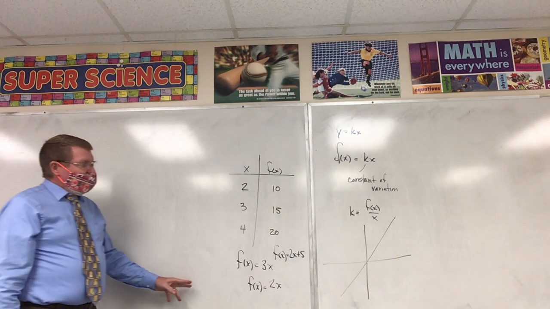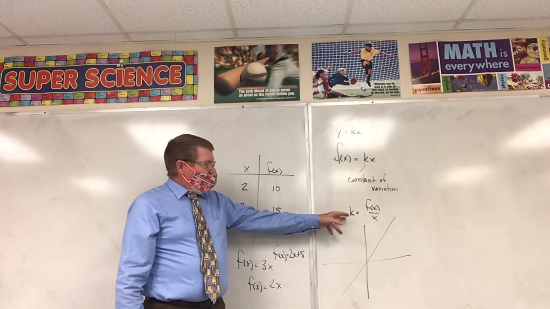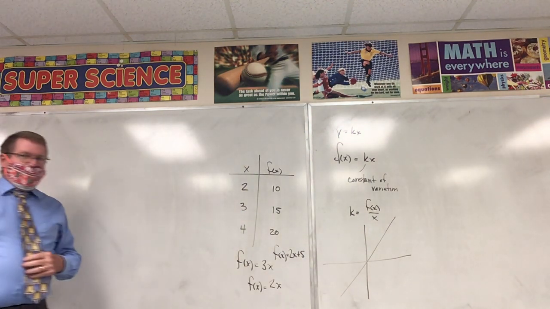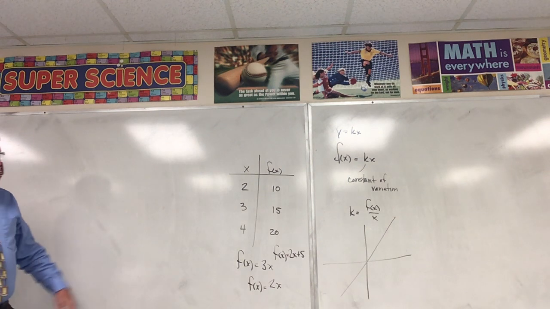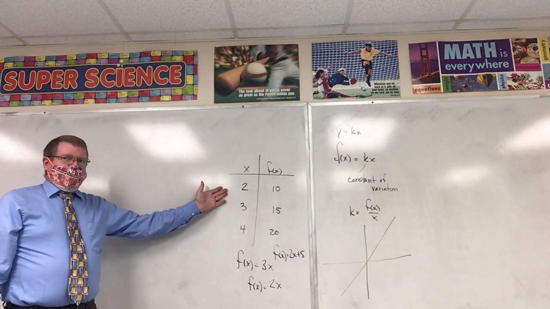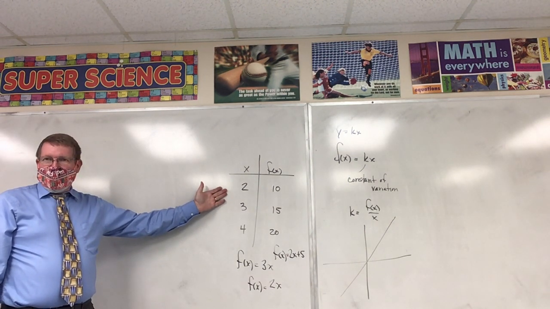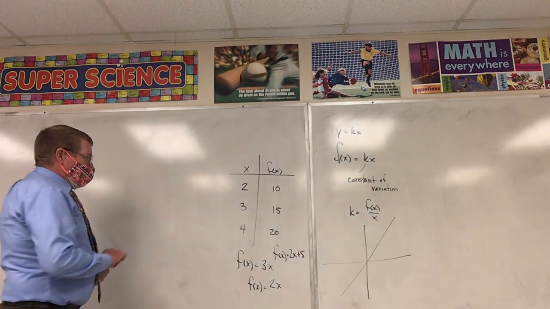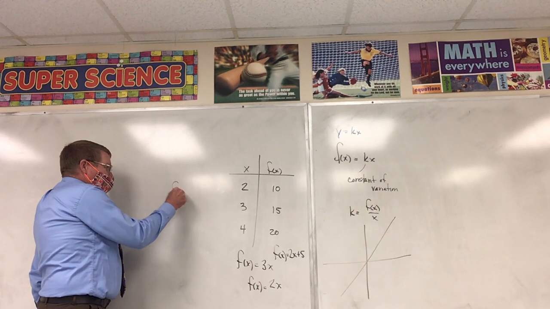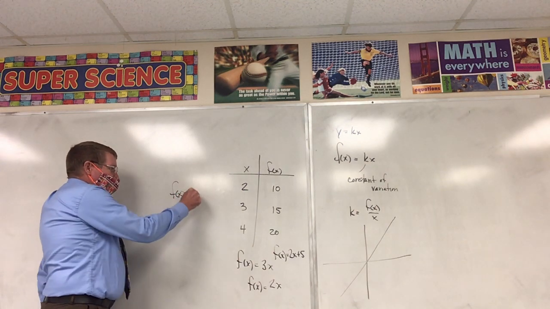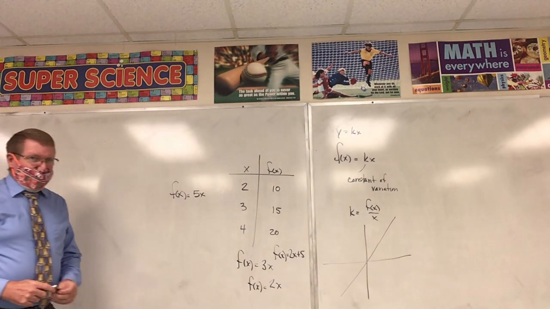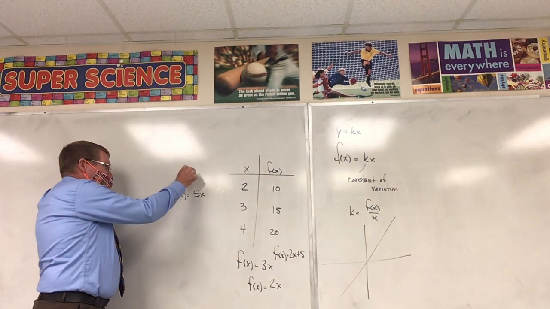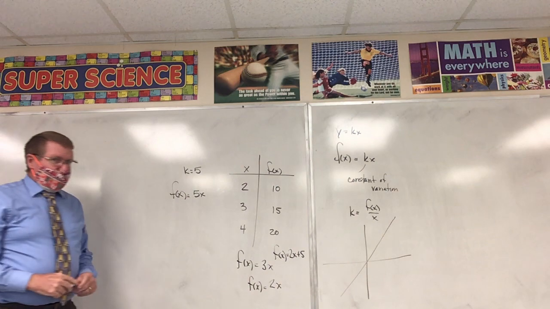My k is my constant of variation. My k always stays the same. So when I ask for a function rule, take for instance here, is this a direct variation function? Yes, it is. Well, what is the function rule? The function rule would be f of x equals 5x. Because what is my k? My k equals 5.